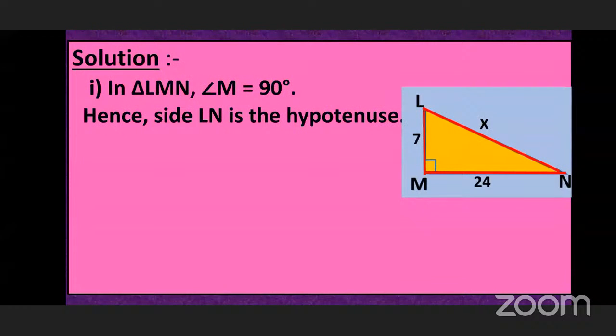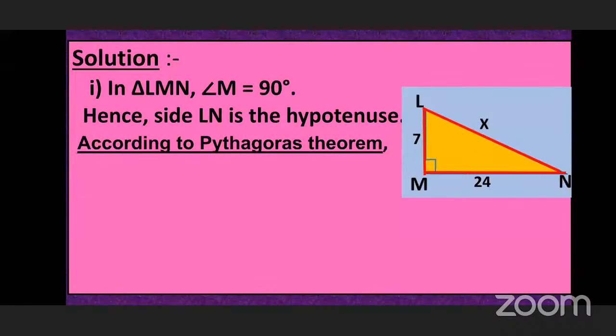So in triangle LMN, angle M is 90 degree. And as angle M is 90 degree, the side opposite to it is hypotenuse. Therefore, LN is hypotenuse. According to the Pythagoras theorem, what is the relationship between hypotenuse and two sides?